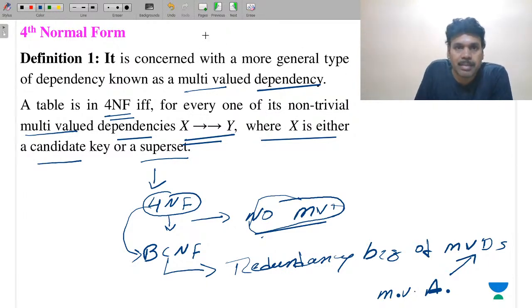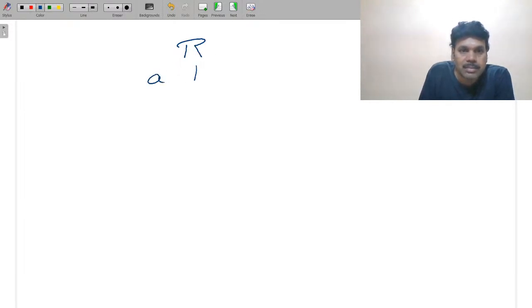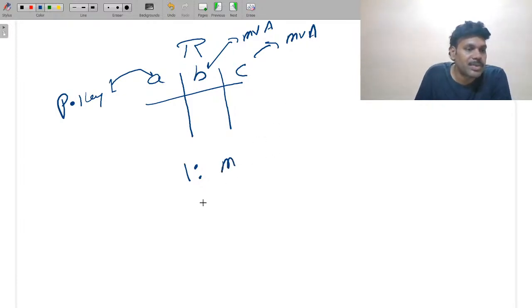Look, friends. I say there is a relation R, ABC. This is a primary key. Therefore, this is a one relationship. This and this are multi-valued attributes. Multi-valued attributes have pairs of values.